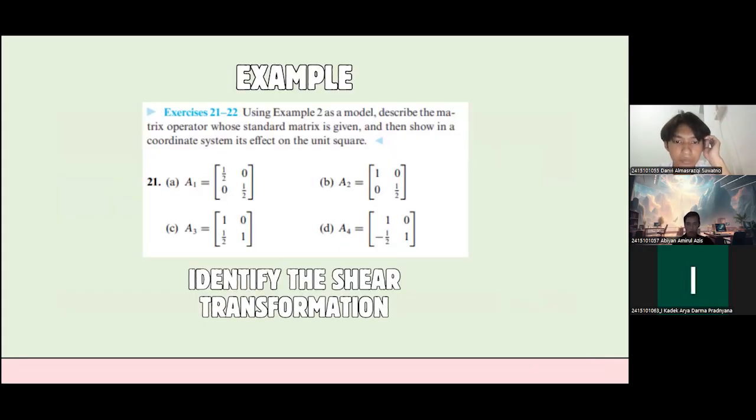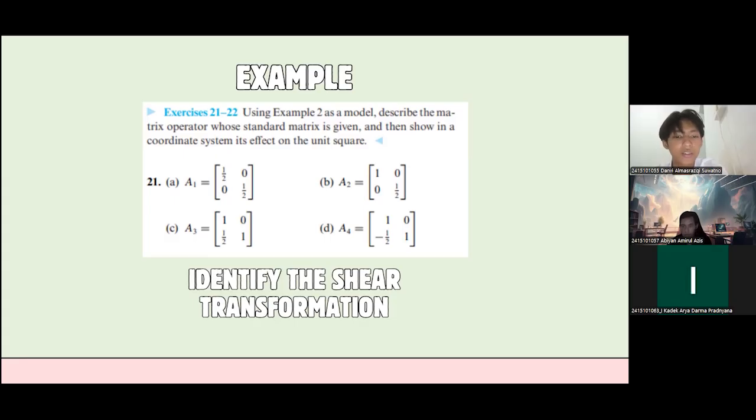So this is an example of a problem or exercise. We'll take the 21st number. They are given matrices, and I will try to identify the shear transformation.